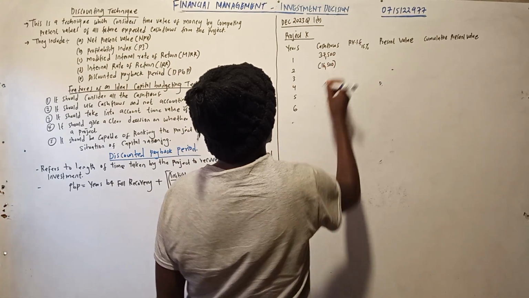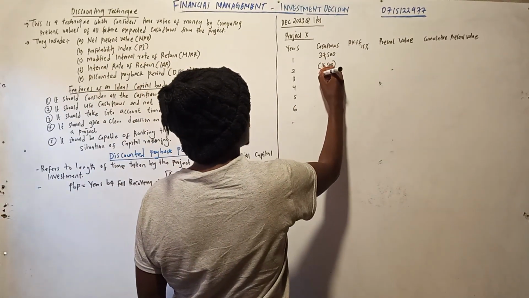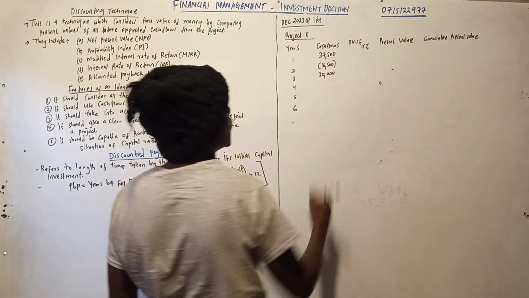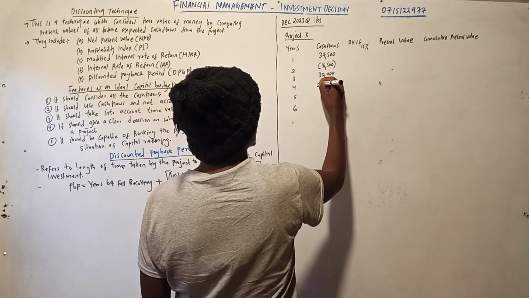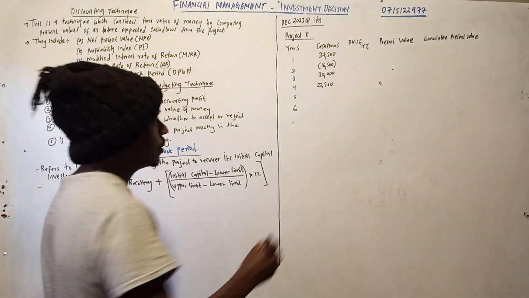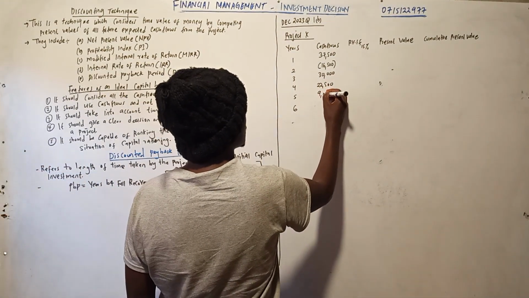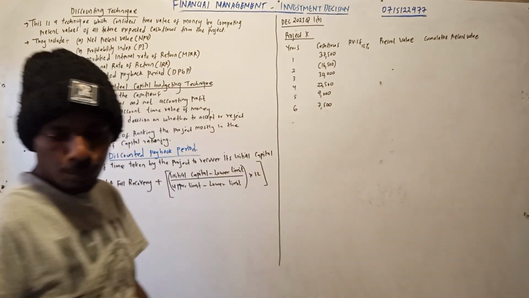Year 3, 30,000. Year 4, 22,500. Then 9,000, and 7,500.